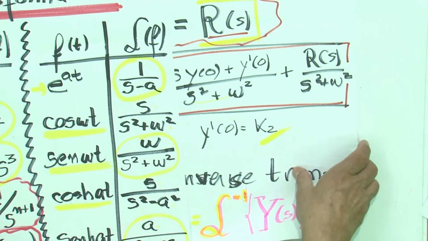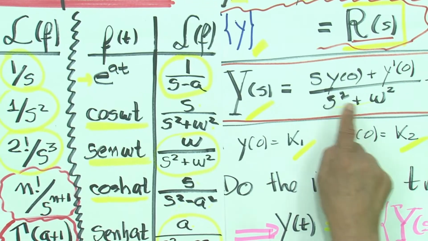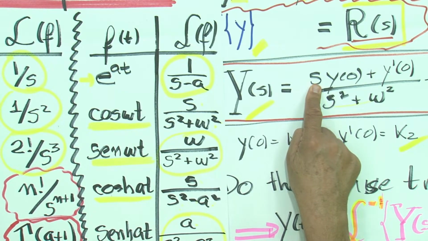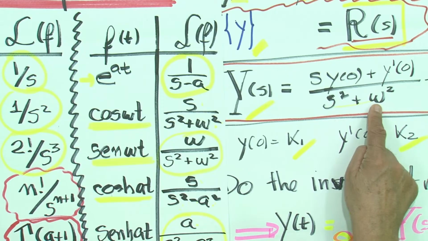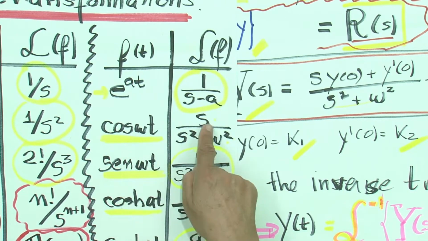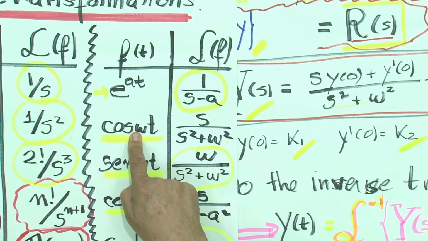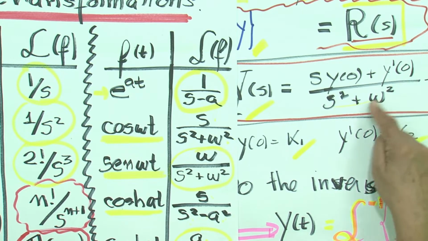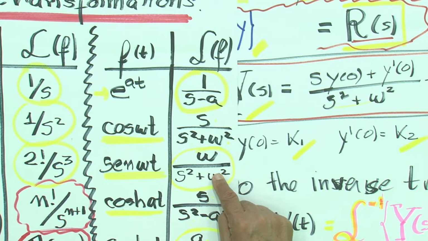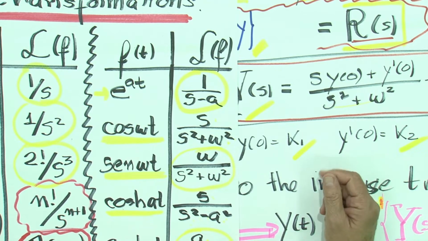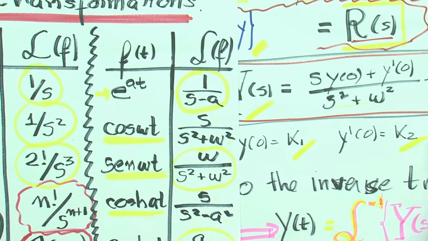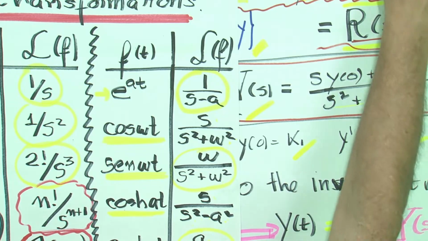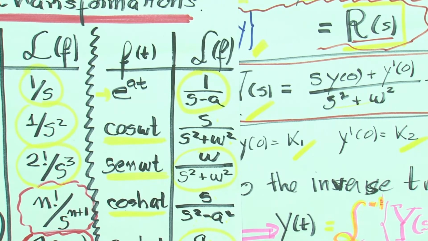I already identified that s divided by s squared plus omega squared is the well-known Laplace transform of cosine. So this is a cosine. And then there is a constant divided by the same. That's a sine. Right? And then there is a function divided by this, and this will be the product of the original function with something.